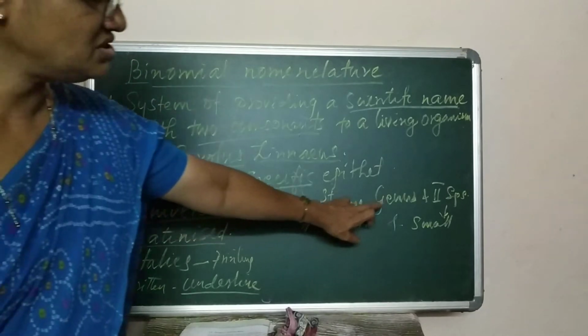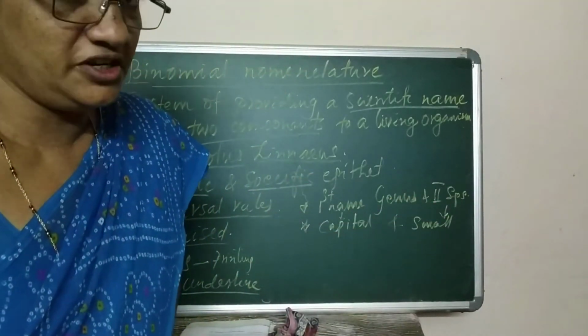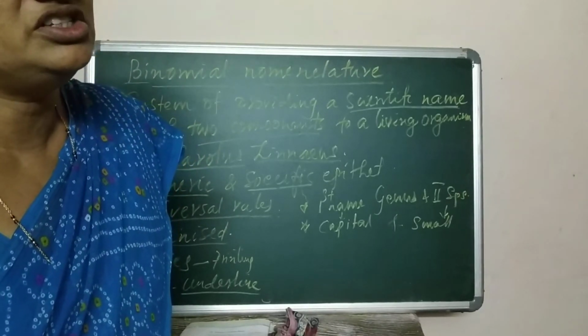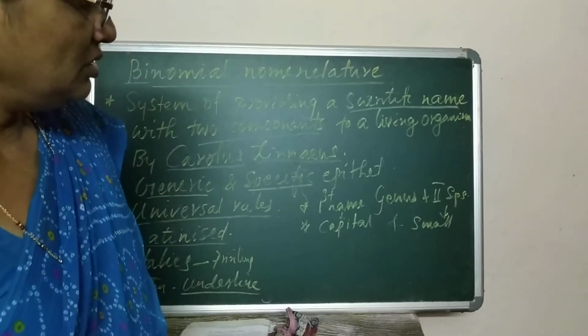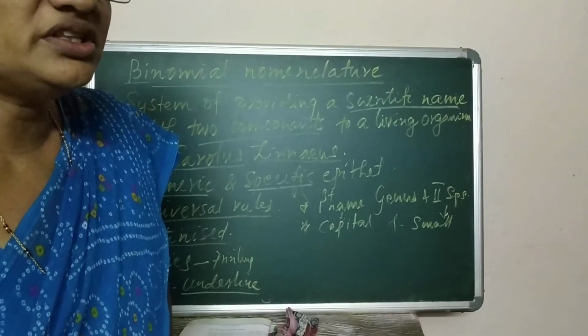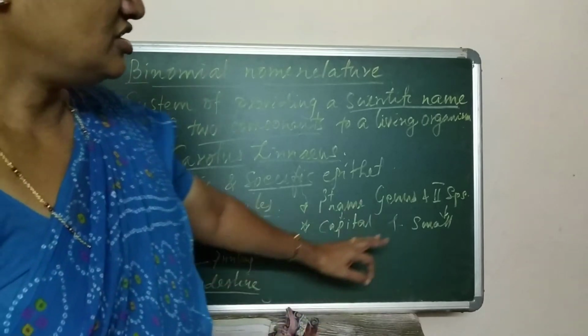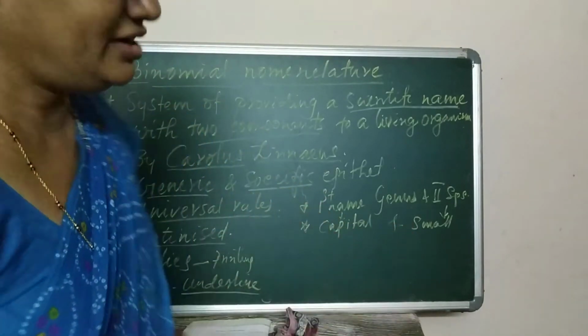The first name is called the genus name and the second name is called the species name. Then another rule is that the genus name always starts with a capital letter. What is that? Capital letter. And the species name starts with a small letter.